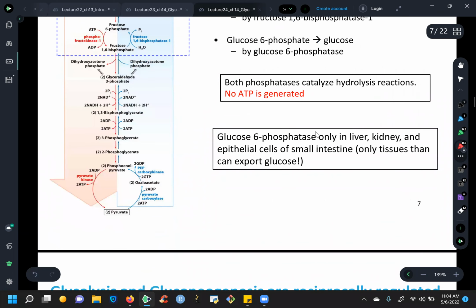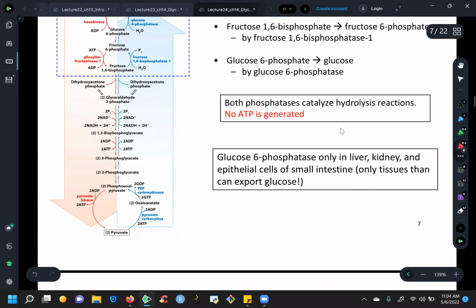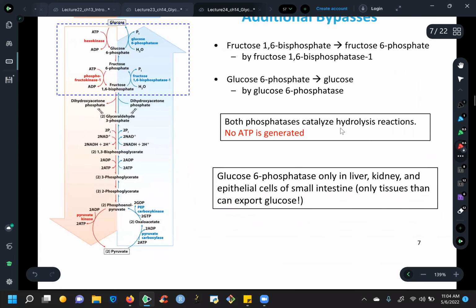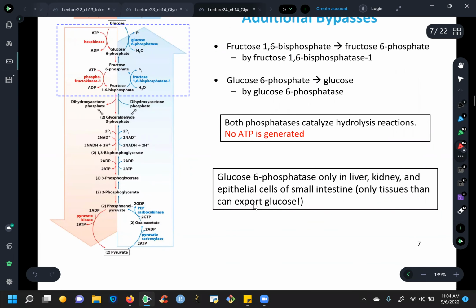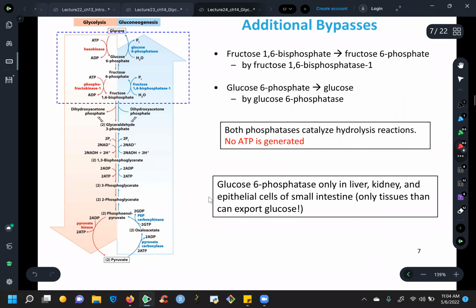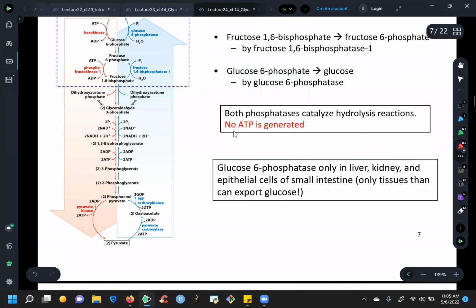So glucose 6-phosphatase is found only in the liver, kidney, and epithelial cells of the small intestine. Only these tissues can export glucose. That might be important. Glucose 6-phosphatase, this first enzyme, bypasses reaction number 1 in glycolysis, and is only found in the liver, the kidney, and the epithelial cells of the small intestine.